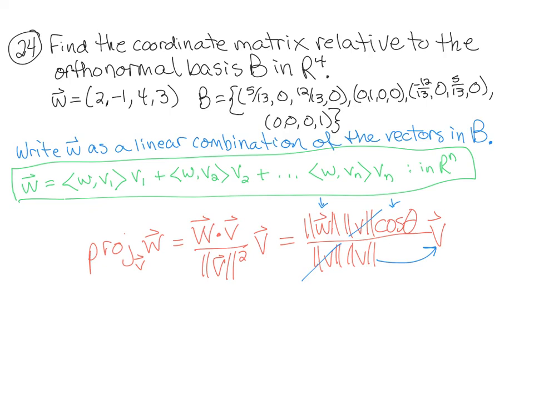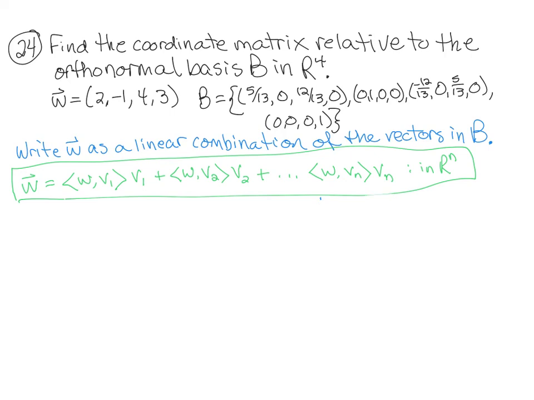So let me clear my space and we will work the problem here. I'm going to find W as the dot product of (2, -1, 4, 3) with, and again, I'm mixing up notation, you don't care, do you?